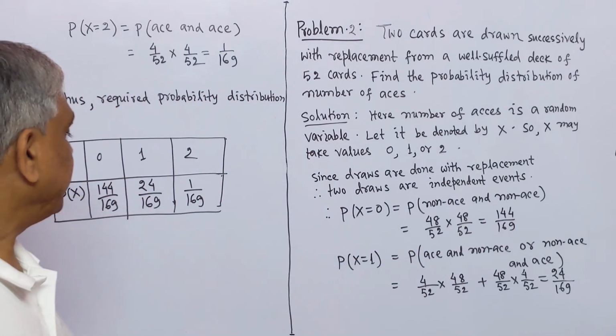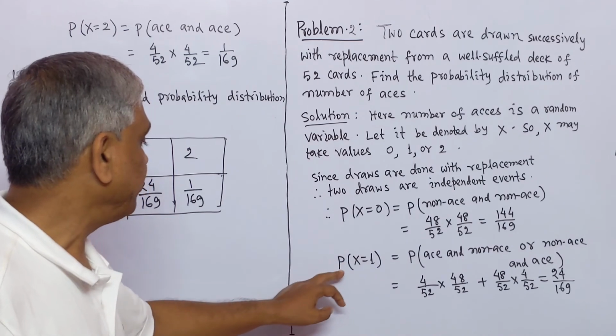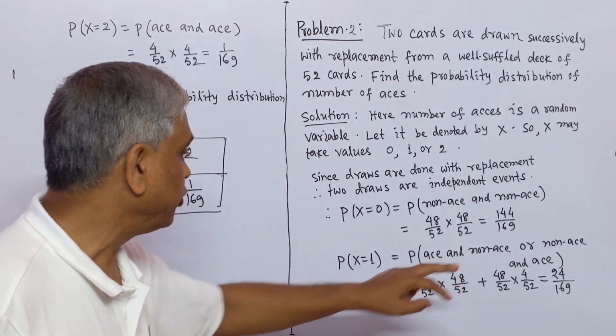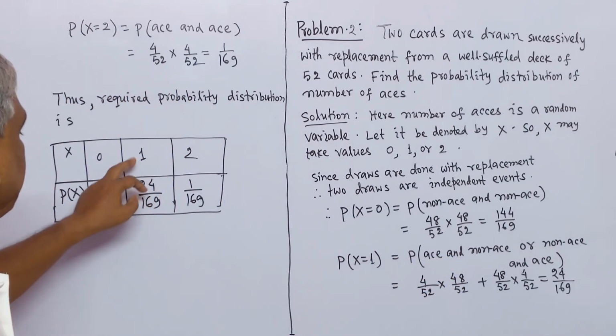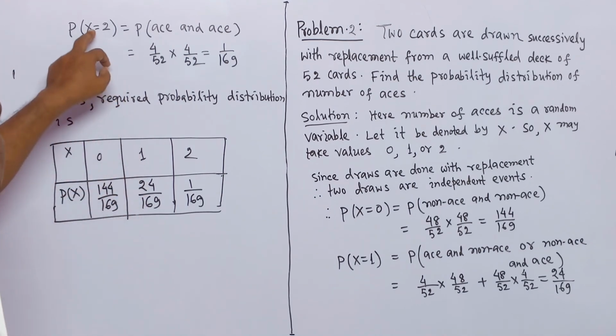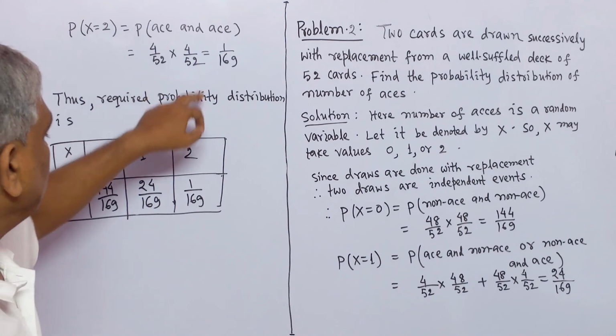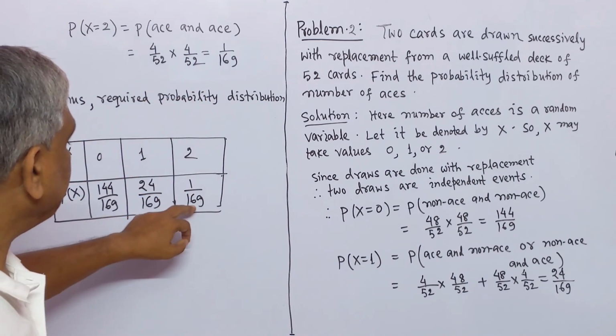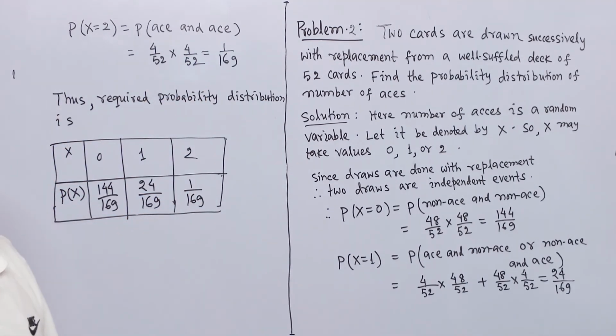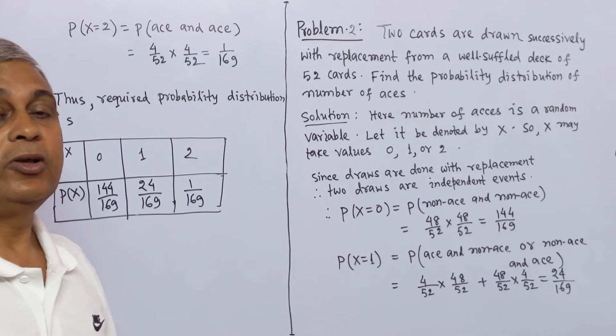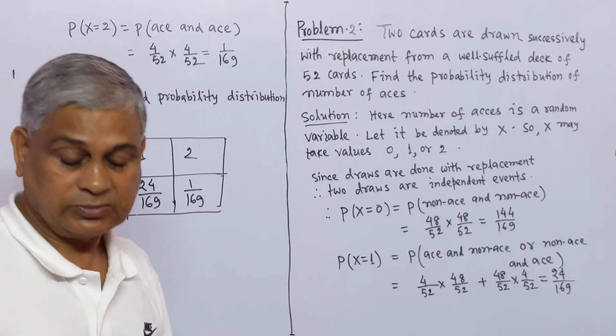For random variable x equal to 1, the probability is 24 by 169. And for random variable x equal to 2, the probability is 1 by 169. This is the required probability distribution of the random variable.